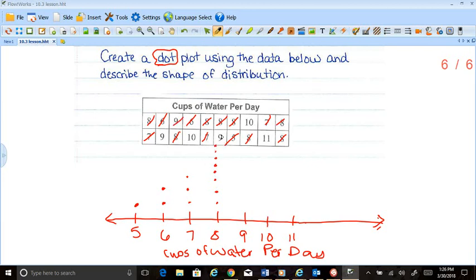For the 9s: 1, 2, missed one somewhere, I think. 3. There it is, there's three of them. 10s: 1, 2. And there's one 11. So when you do your hill to look at your shape of distribution, the peak's in the middle and the drop-downs on the left and the right are fairly similar. In this case, they are identical. So that makes the shape of distribution for this one symmetric.